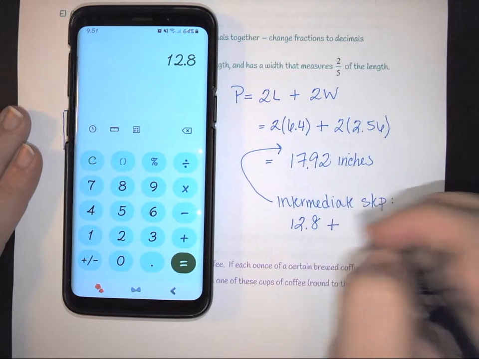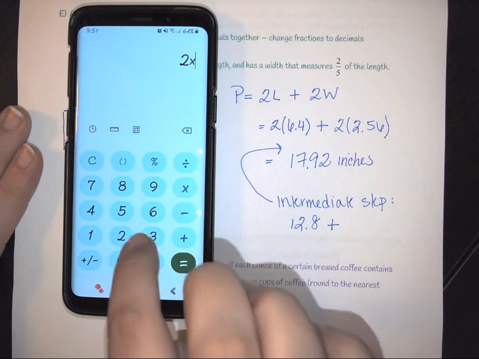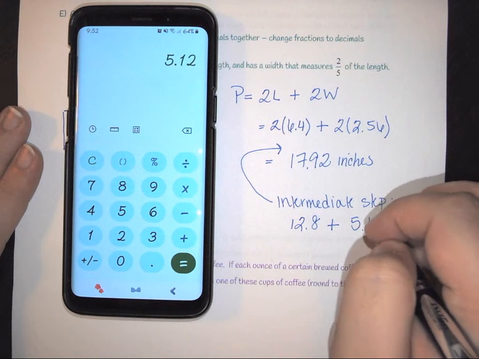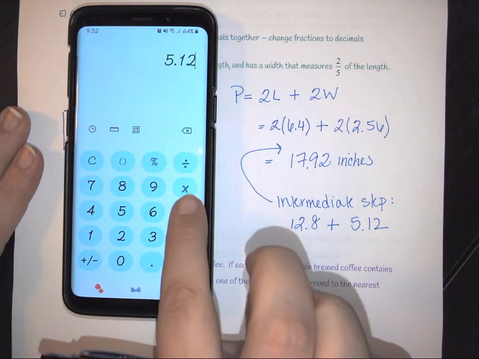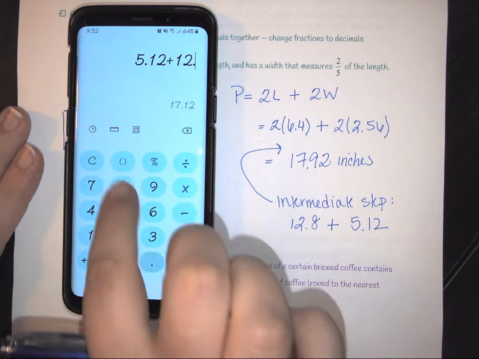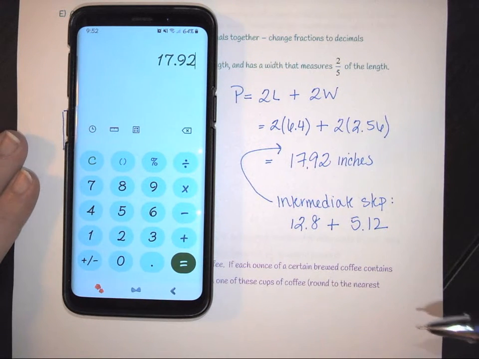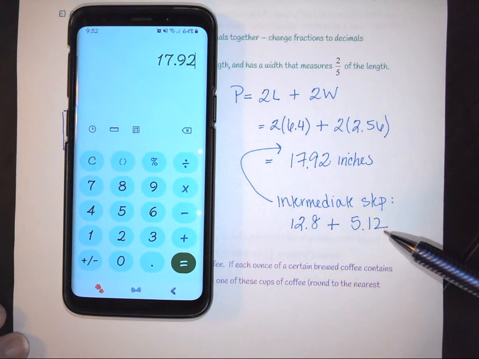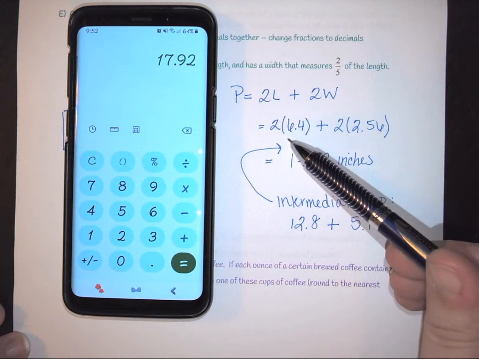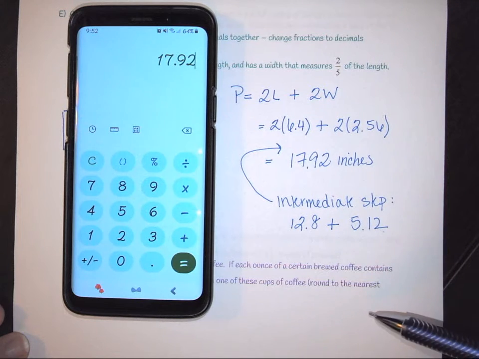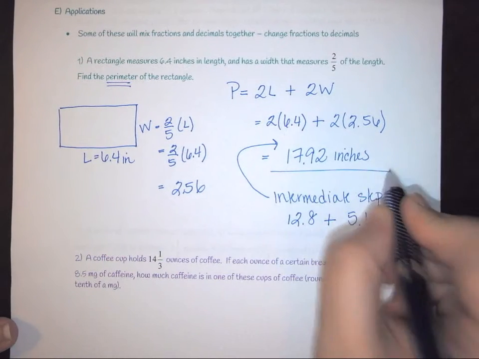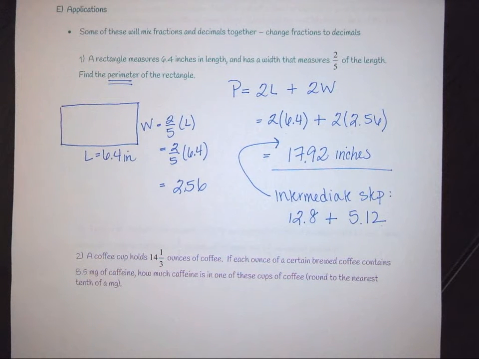And then we're going to add that to the other side, 2 times 2.56, which gives you 5.12. Take that 5.12 and add it to 12.8 and notice you get 17.92. So if you don't know how to work parentheses, you can always do the intermediate step, which is just to simply write down each piece as you go and then get your final result. Okay, so in the end though, we are looking at 17.92 inches as your perimeter.